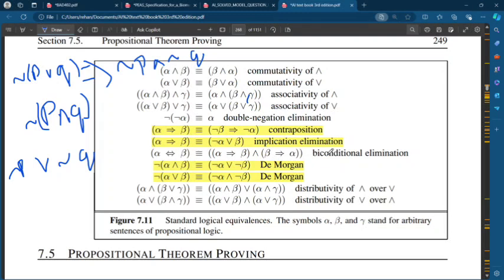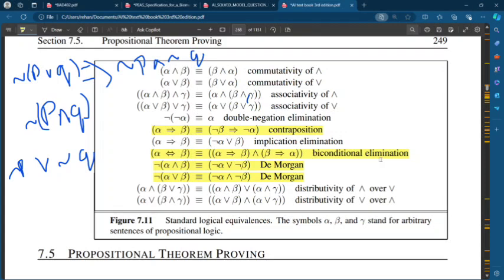Coming to this double implication elimination, you can simply do this. Okay, we don't want that, so I will erase this and just highlight this one. You can see here, right?